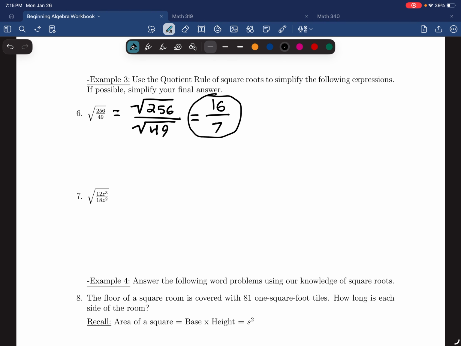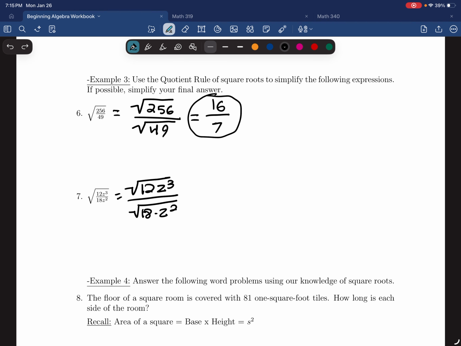Looking at example 7, we have 12 times the square root of 12 times z cubed, all divided by 18 times z squared. Well, I'm just going to simply rewrite that as the square root of 12 times z cubed over the square root of 18 times z squared. And now, these don't evaluate to perfect numbers.